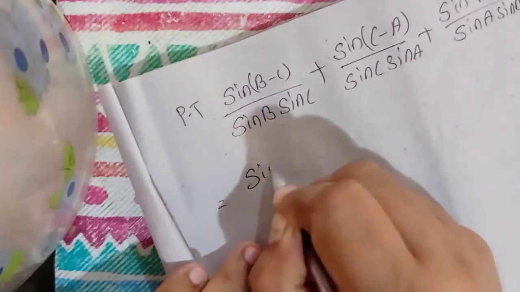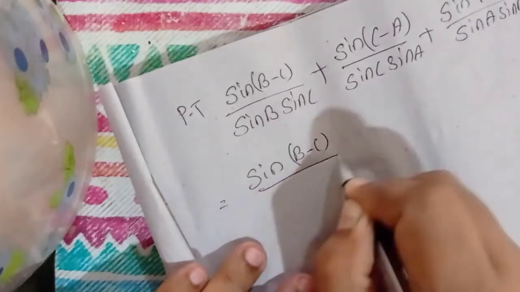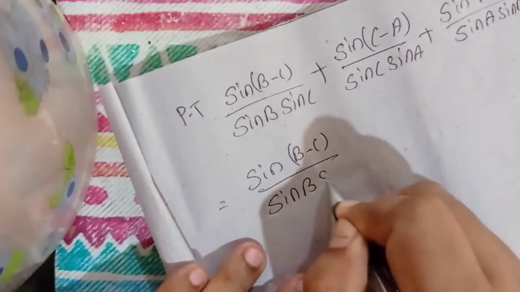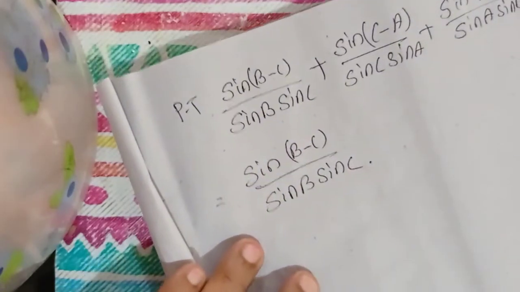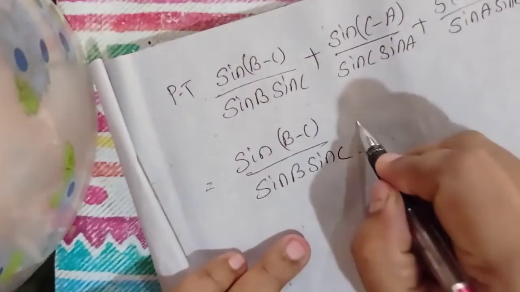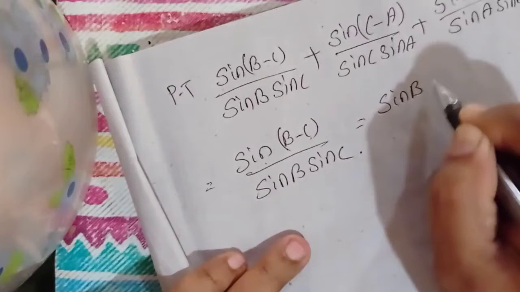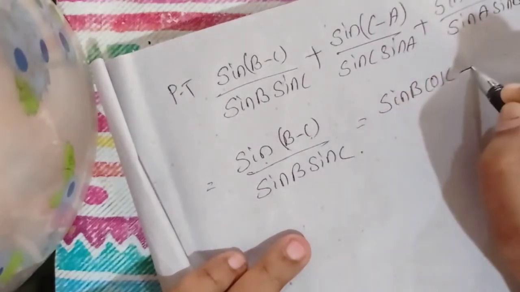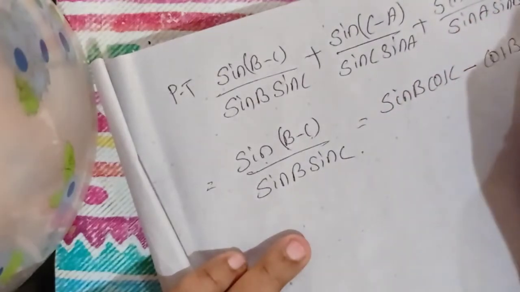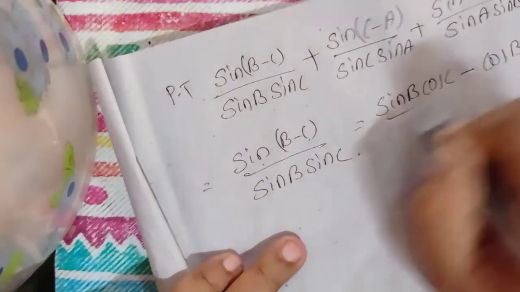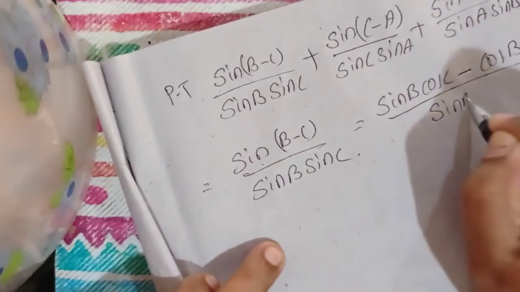Take sin(b minus c) by sin b sin c, taking the first term only. Can you say what is sin(b minus c)? Sin b cos c minus cos b sin c by sin b sin c.